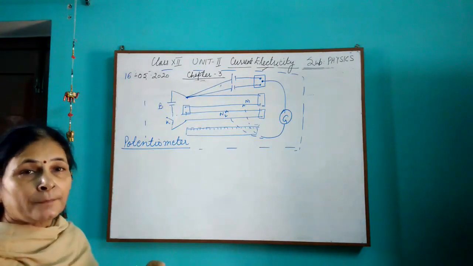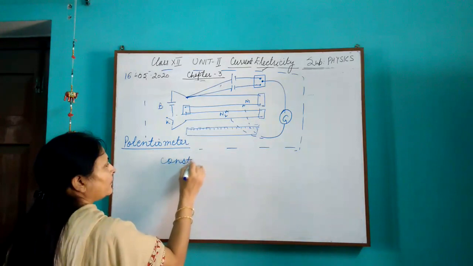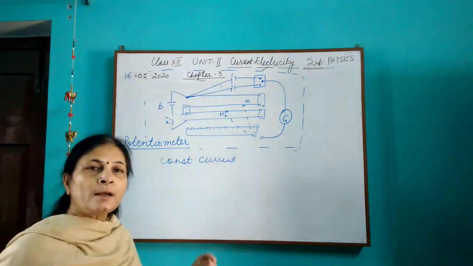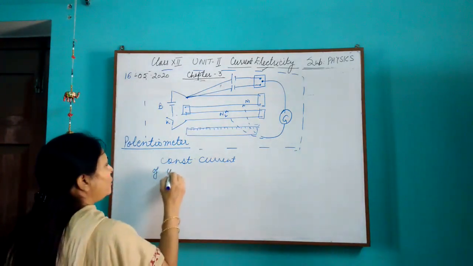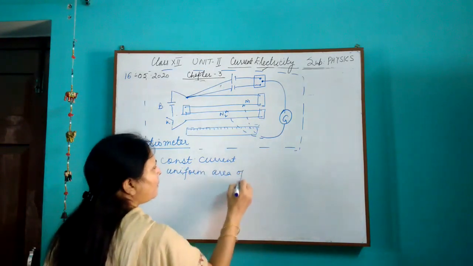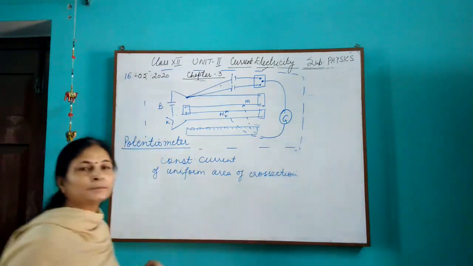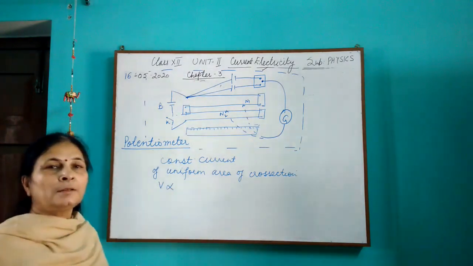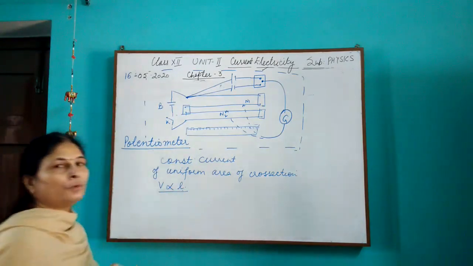Now the principle is, when a constant current is passed through a wire of uniform area of cross section, then the potential drop across the given length of wire is directly proportional to the length.